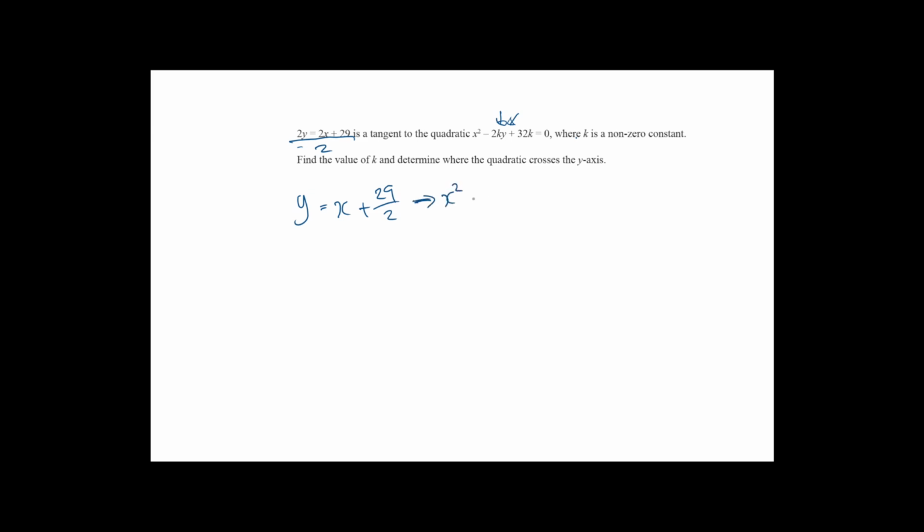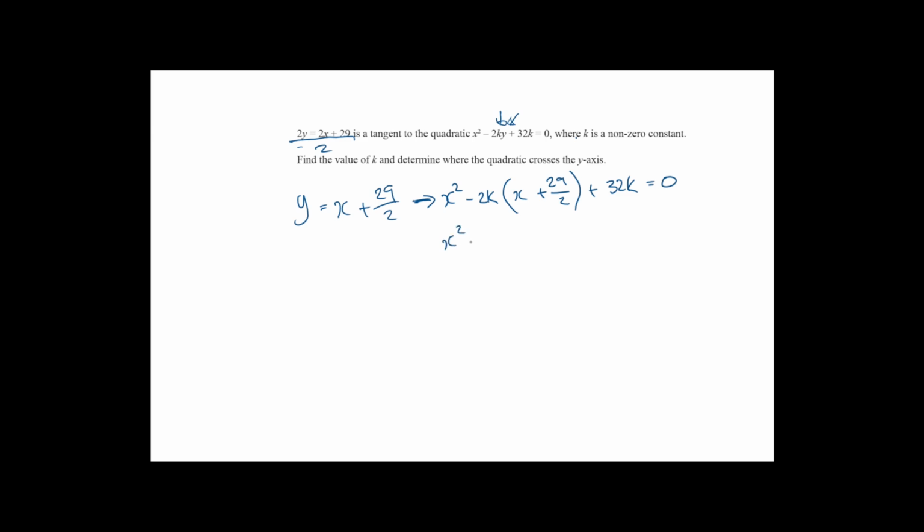So x squared minus 2k x plus 29/2, and that's going to go really, really nicely with that, plus 32k equals 0. All right, let's expand out the bracket.